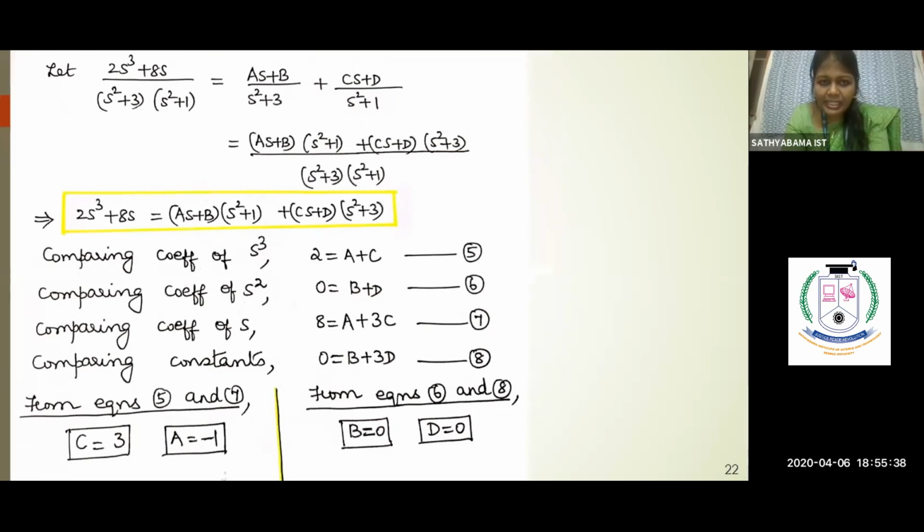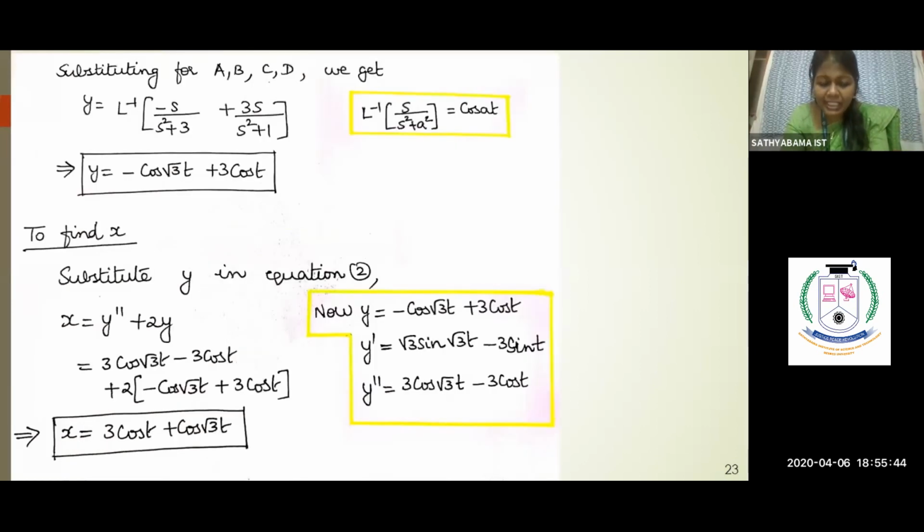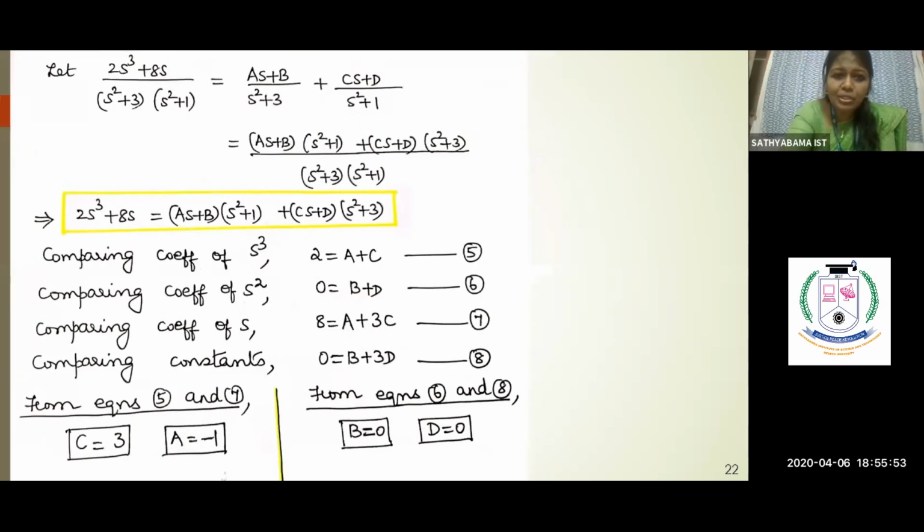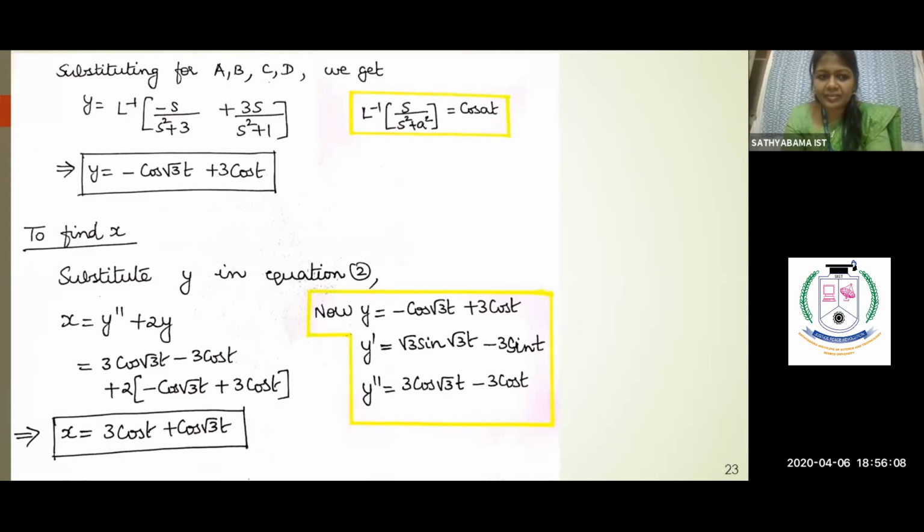A by s square plus 3 plus c by s square plus 1, because b and d are 0. Have you understood? I'm simply substituting for a, b, c, d in the first step. B and d are 0. So what does this first step become? It becomes minus 1 into s by s square plus 3 plus 3 into s by s square plus 1. That is what I've written here.